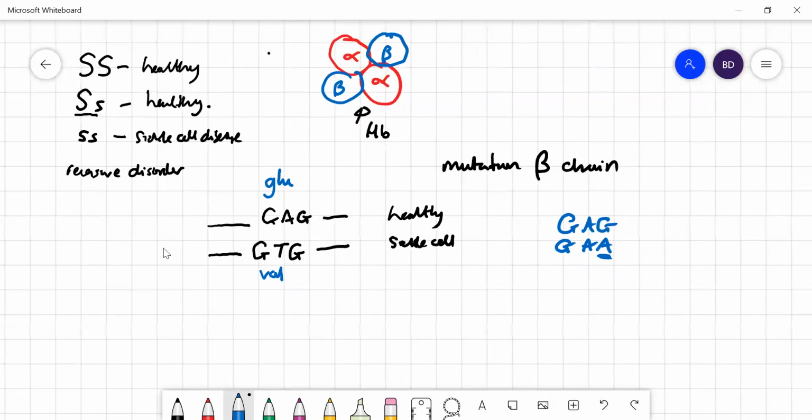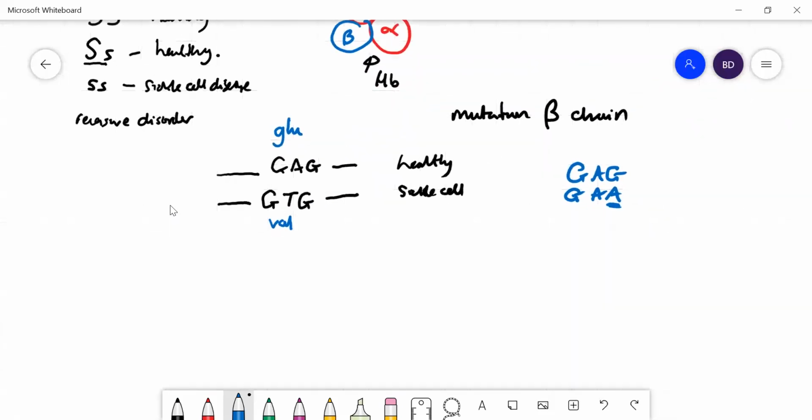If you draw the structures of those 2 amino acids, the R groups: for glutamate, the R group is CH2 and then it has this charge group at the end, and this makes it pretty hydrophilic. Whereas if it gets replaced by a valine, that is not hydrophilic.